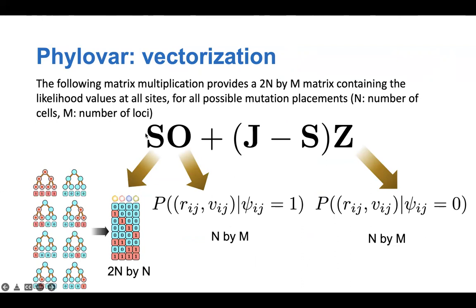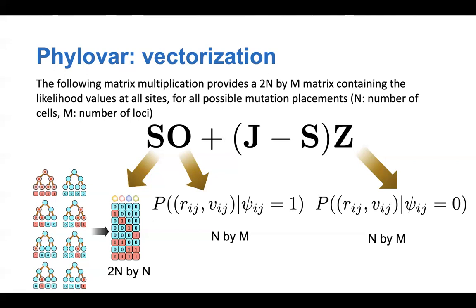Matrix S is a matrix representation of all genotypes that all possible mutation placements can generate. For each topology, we calculate this matrix only once. Matrix O is the matrix for all the cells and sites that contains the likelihood of the read counts when the true genotype is assumed to be the variant allele.